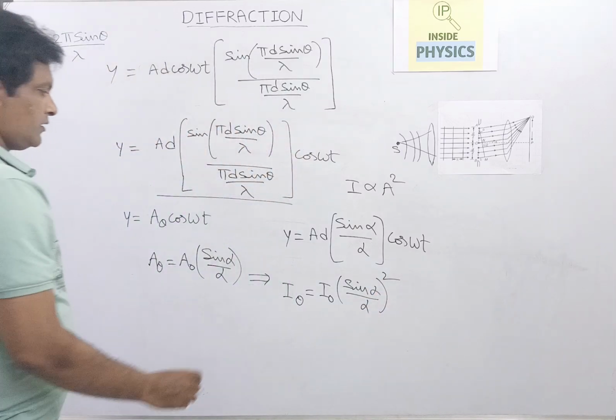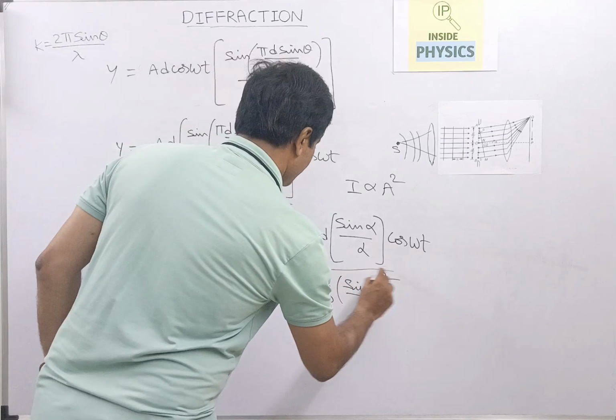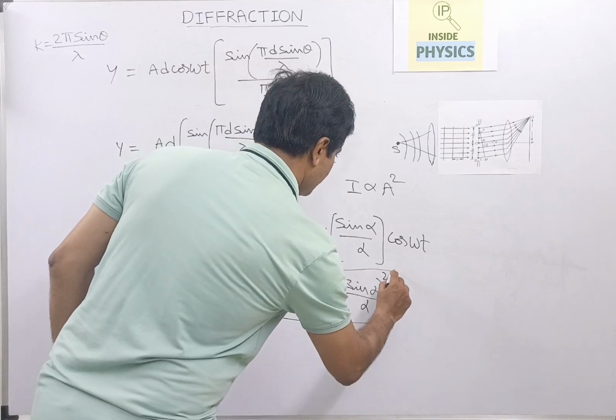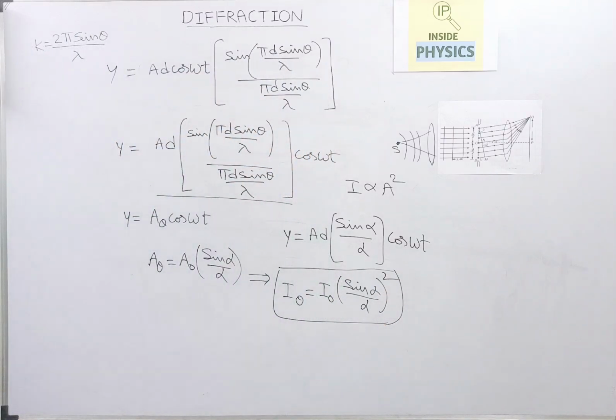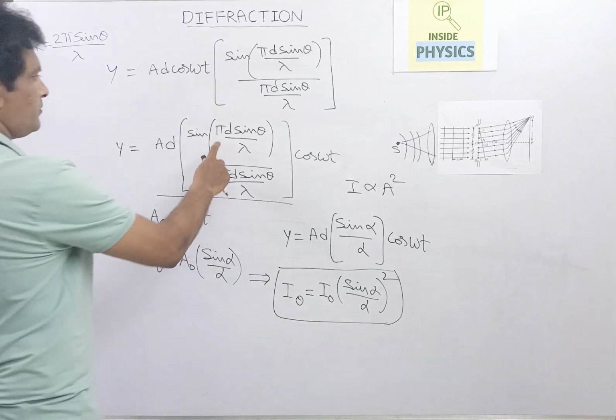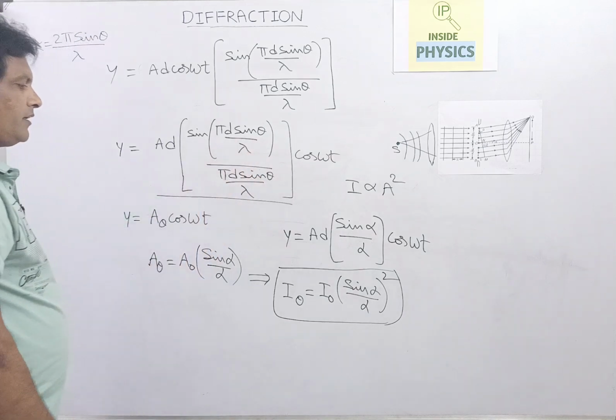Okay. So if you observe this equation, the intensity pattern by the diffracted rays, where they may be interfering destructively or constructively, the intensity is dependent on alpha, where alpha is equal to pi d sine theta by lambda.